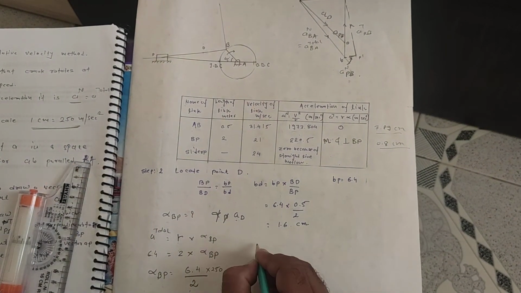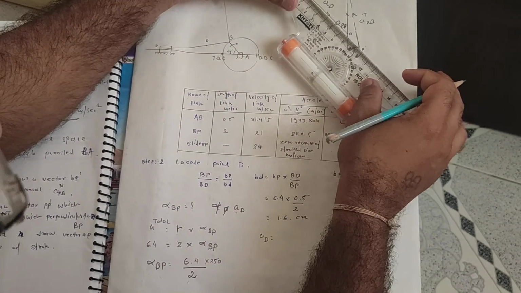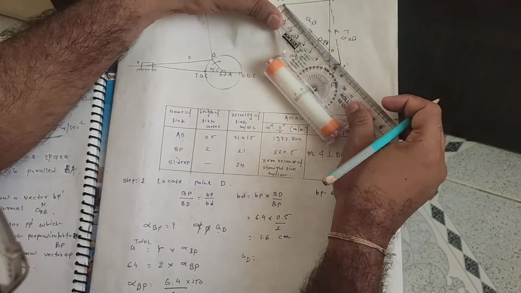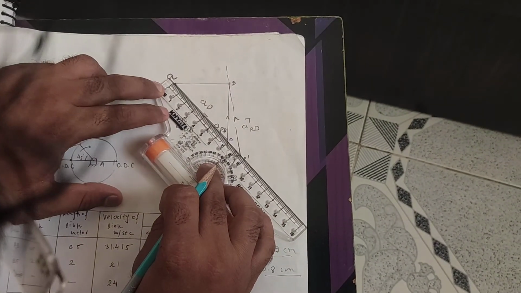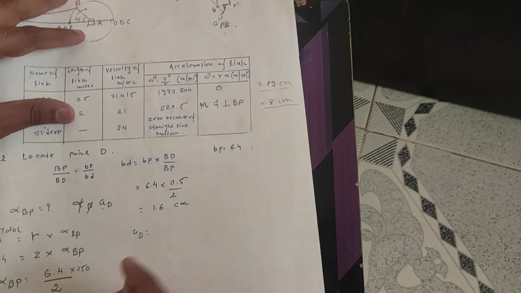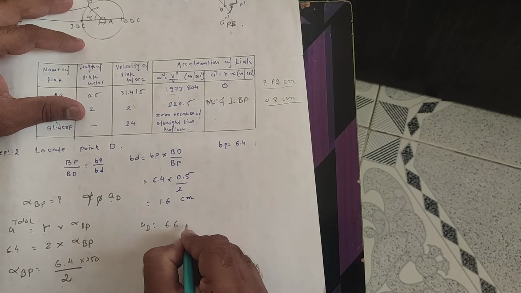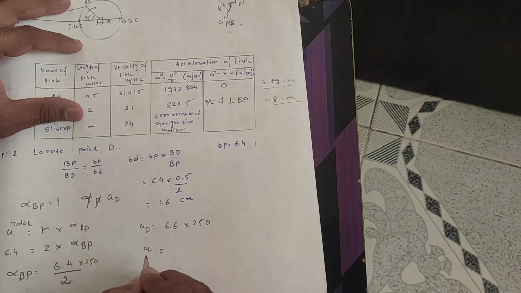So AD is equal to 6.6, that is nothing but 6.6 into 250. Okay, so finally we have found our AD.